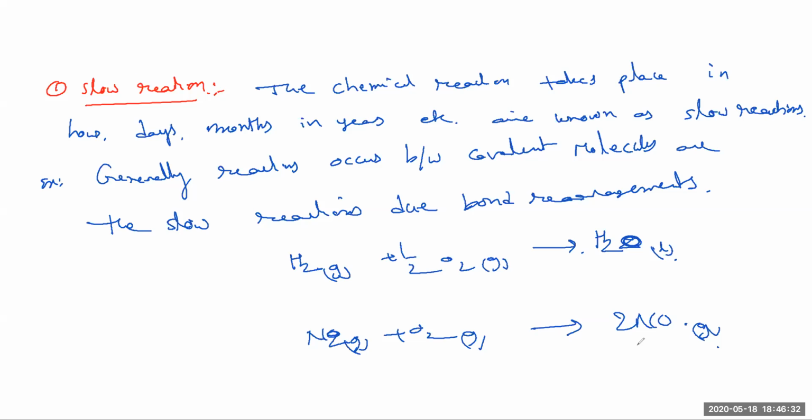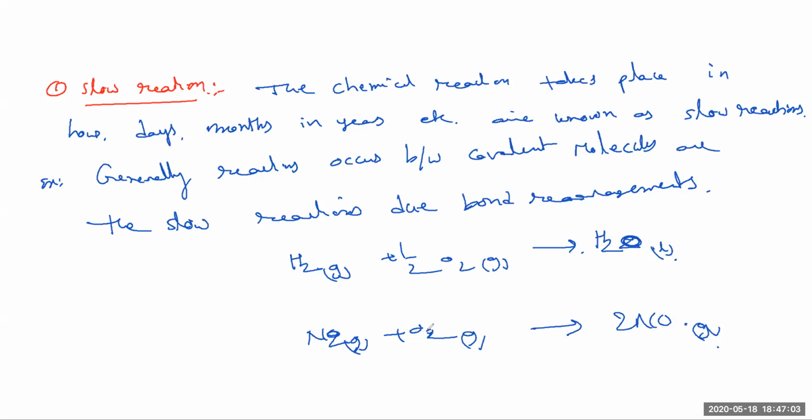Oxygen and nitrogen are both there in the atmosphere, but they don't combine continuously. Only when suitable conditions are formed in a certain time interval is nitric oxide formed.